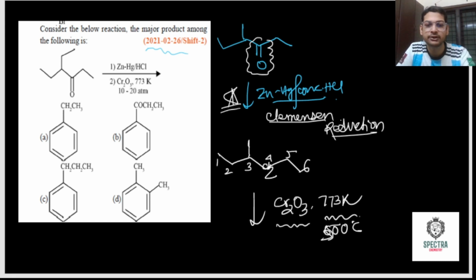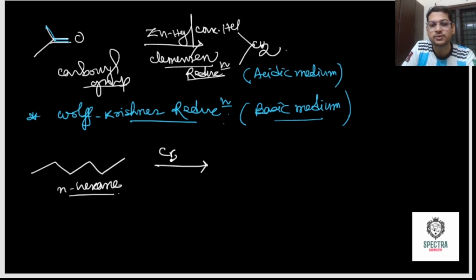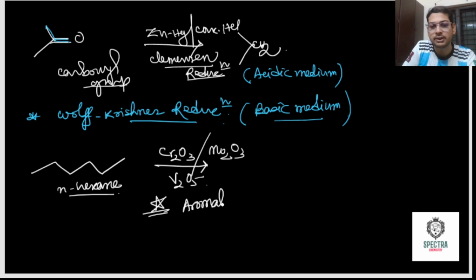Now, what is this reaction? Suppose you have an n-hexane chain. If you use Cr2O3, or Mo2O3, or V2O5, then a reaction happens that is called aromatization. This is the important reaction, aromatization.